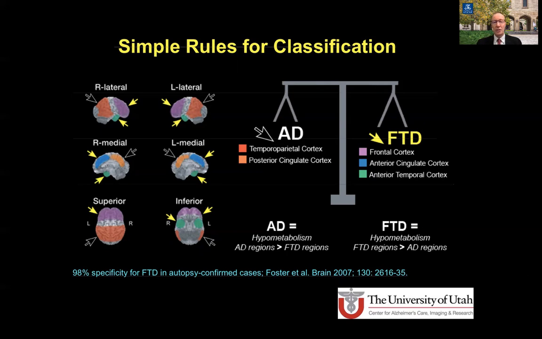So the clinician wants to know. You try to avoid giving a report that sounds like the referral: could be Alzheimer's disease, could be frontotemporal dementia. So I use this little trick to commit if things look a bit either way.